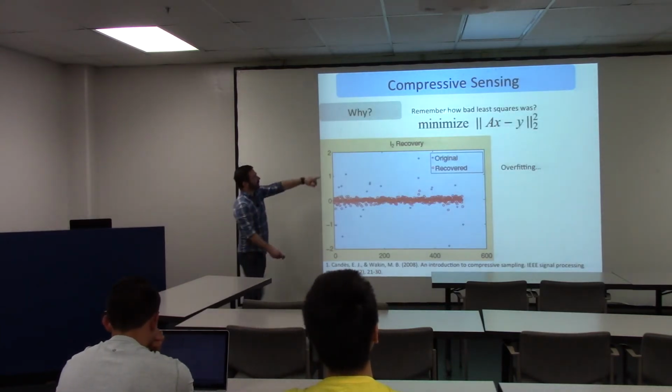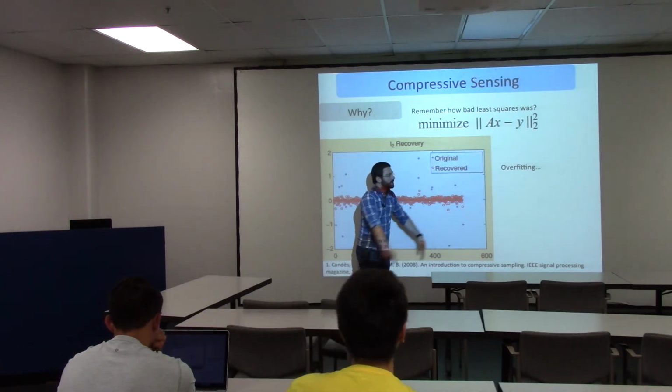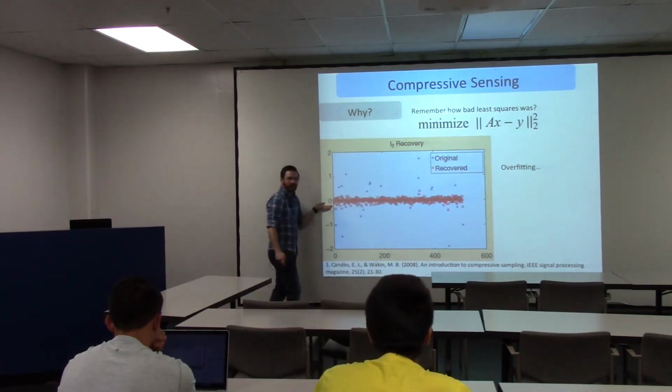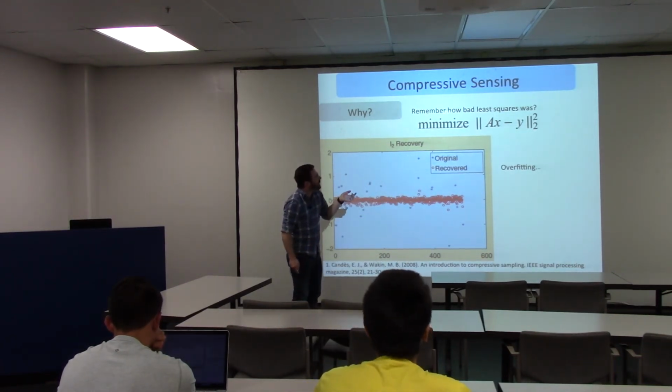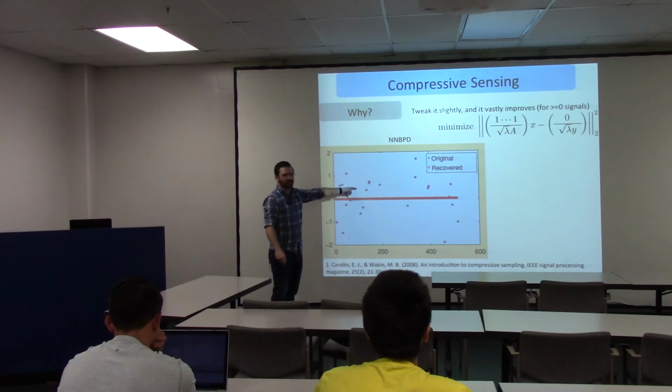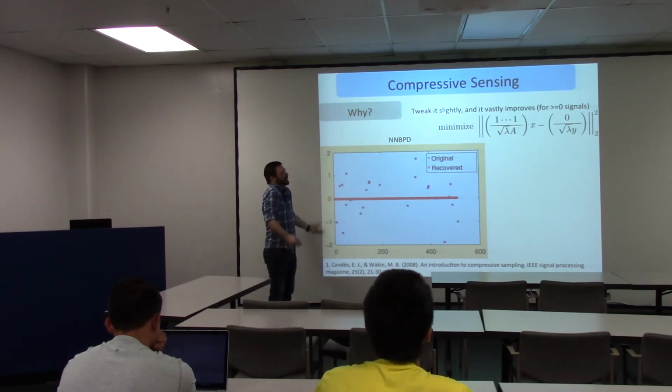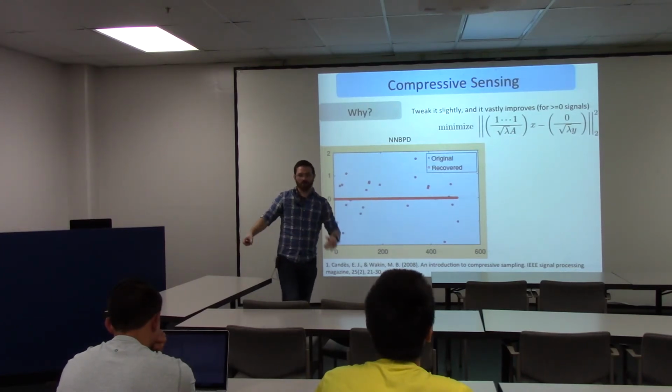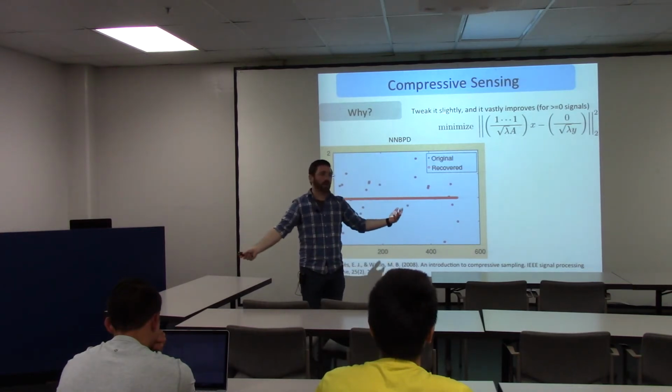So, beforehand we saw this picture where he said least squares is bad. But if you just tweak it ever so slightly, stick on this row of 1s and a 0 right there, boom, all of a sudden it becomes a whole lot better. And the extra cool thing is least squares is a super optimized algorithm, and it can handle 4 to the 6 rows and hundreds of thousands or a million columns.